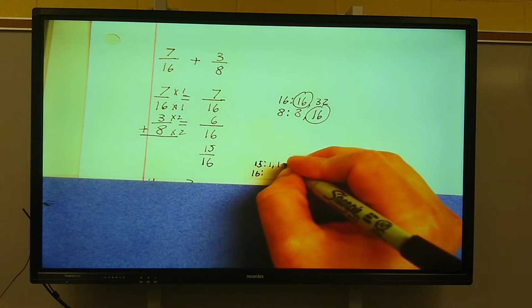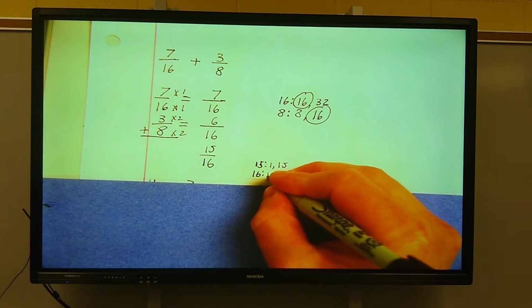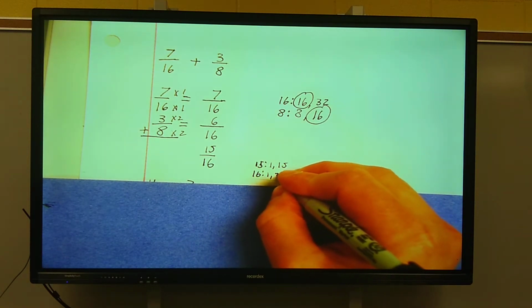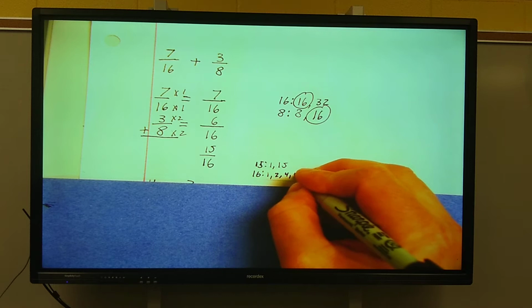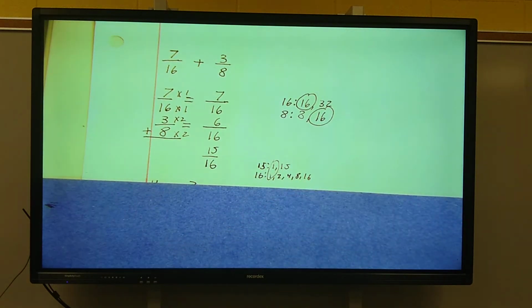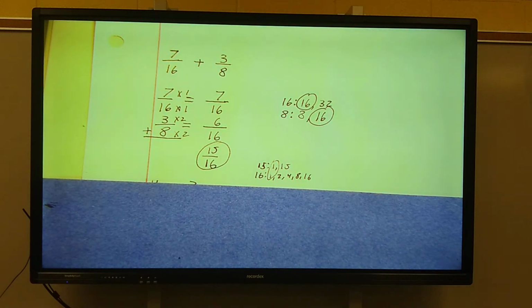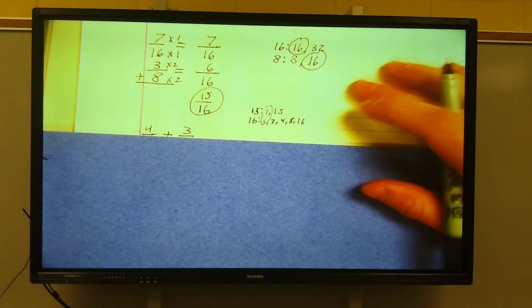The factors of 13 are 1 and 13. The factors of 16 are 1, 2, 4, 8, 16. The only common factor they have is 1. So this means it is in simplest form. My answer is 13/16. Now, you try, I'm going to leave that one there as an example.